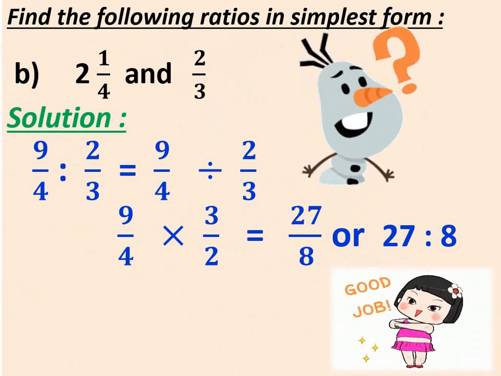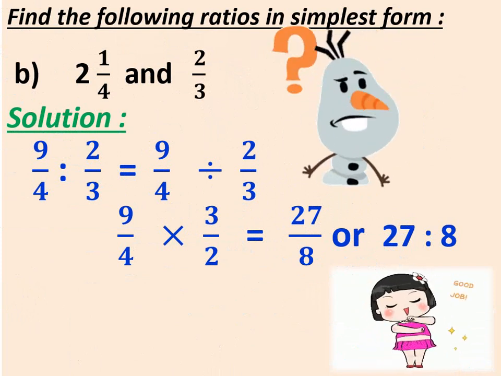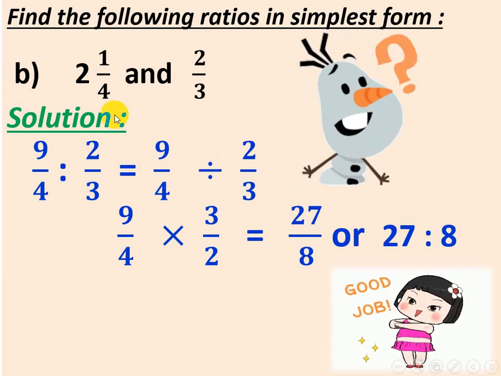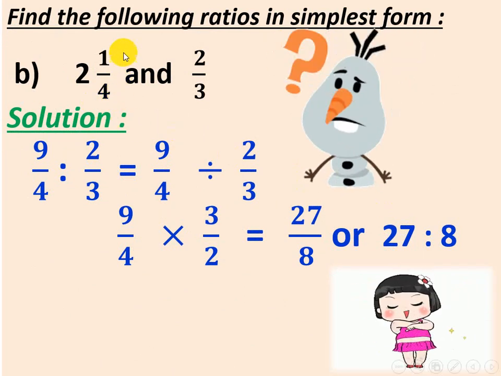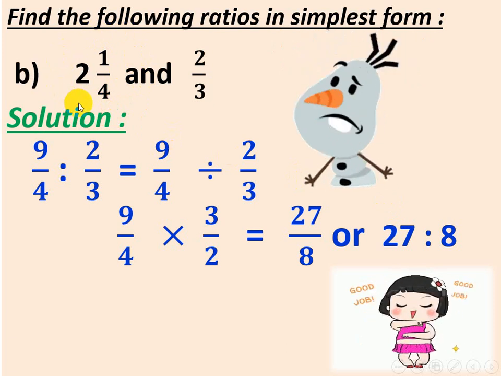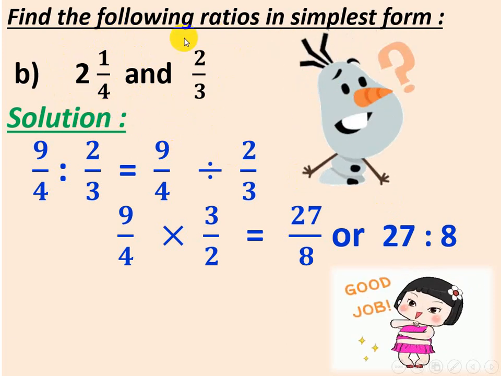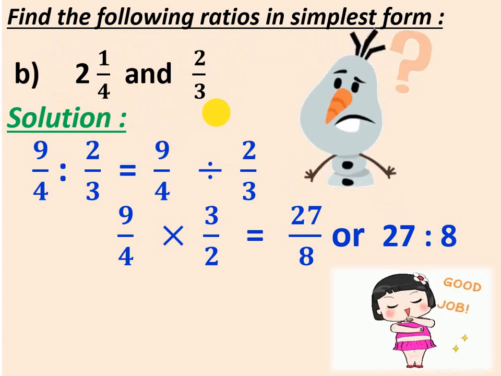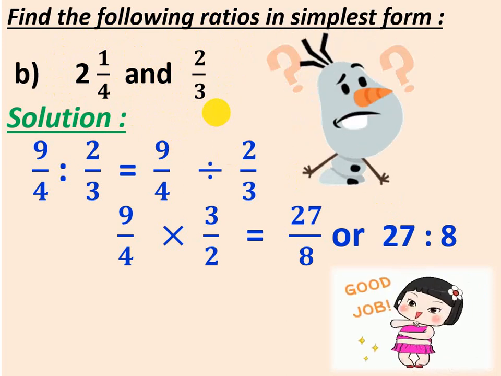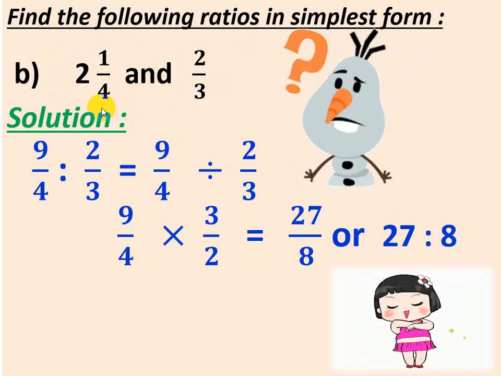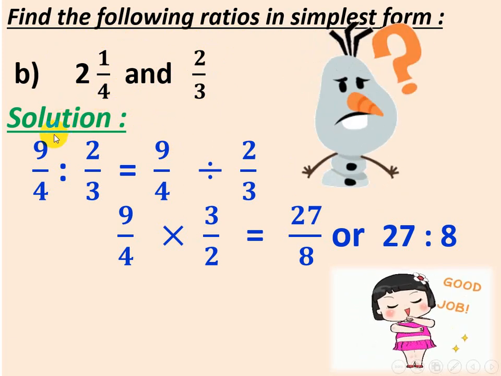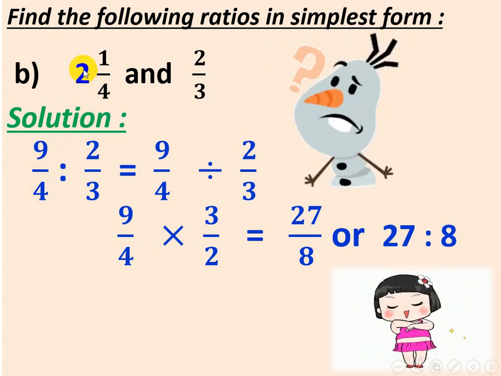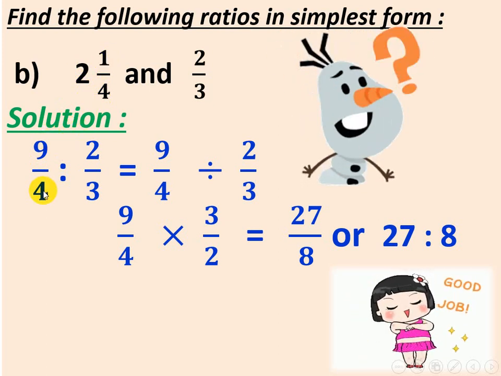Number B, 2 and a quarter to 2 over 3. The first term here is a mixed number, and the second term is a fraction. We must convert them into whole numbers. 2 and a quarter means 9 over 4, because 4 times 2 equals 8, plus 1 equals 9 over 4.